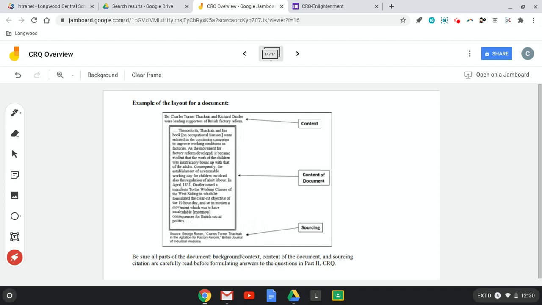If you had something that's a letter, it might say an excerpt from a letter written to whoever, and it will say that there. So these are the cues that we look for to determine what the audience is, what the purpose is, who wrote it, when it was written, is it a primary or a secondary source? So you really want to make sure you look at the sourcing for each document as you're analyzing them.